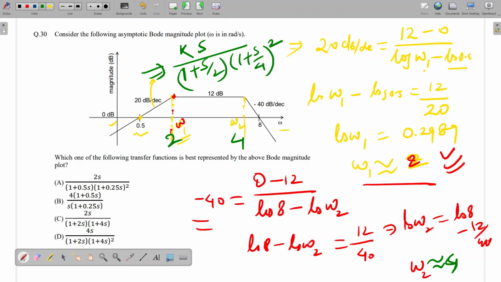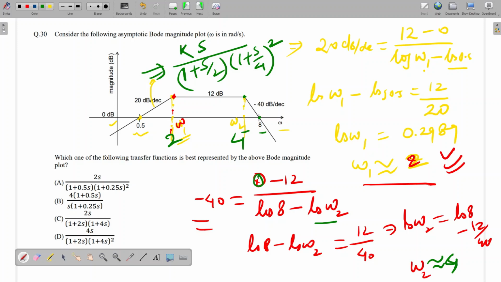Sir, to find the second value, omega 2, we have taken minus 40 equals 0 minus 12. See, y2 minus y1: this is y2 0 and y1 12. So y2 minus y1, 0 minus 12, divided by x2 minus x1, log 8 minus log omega 2. This should be equal to minus 40.